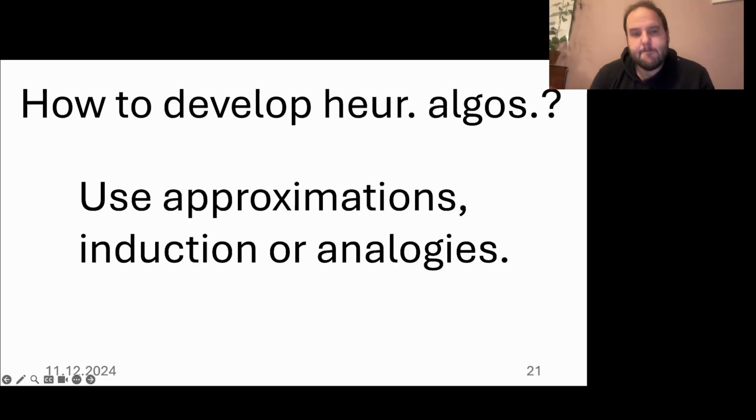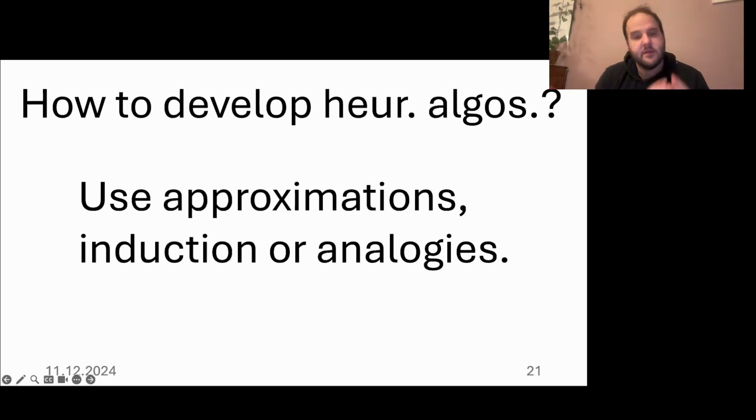Okay, and to remind you about the intuition of how gradient descent is constructed: it's based on a local linear approximation, but there might be other ways to approximate a problem instance or parts of a problem instance. So approximation is one main design pattern for heuristic algorithms, and two others are induction, so inductive reasoning, when we look to find a pattern in a sequence of problem instances, which is exactly a machine learning problem, by the way.